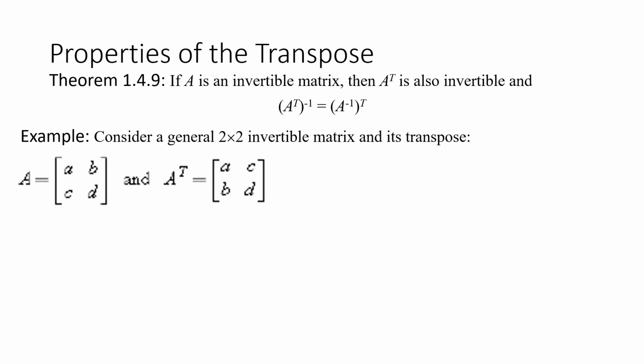Since A is invertible, the determinant is non-zero. But the determinant of the transpose of A is the same as the determinant of A. So the transpose of A is also invertible.